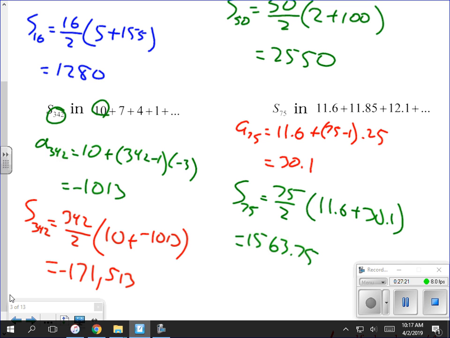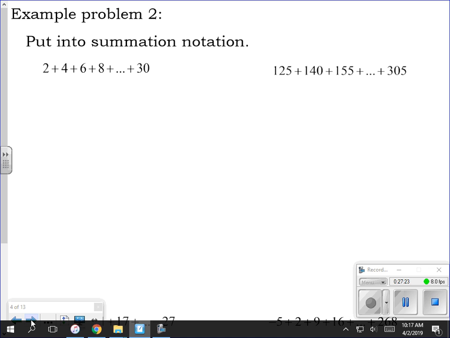Summation notation. All right. Put it into summation notation. To put it into summation notation, I need 3 things. I need to know the first term. I need to know how many terms there are, and I need to be able to put that in 2 places.